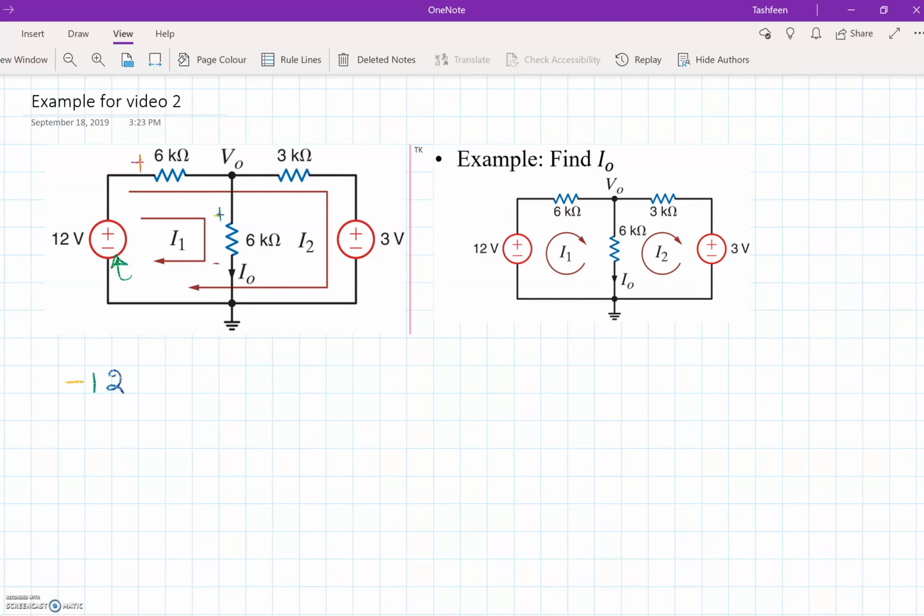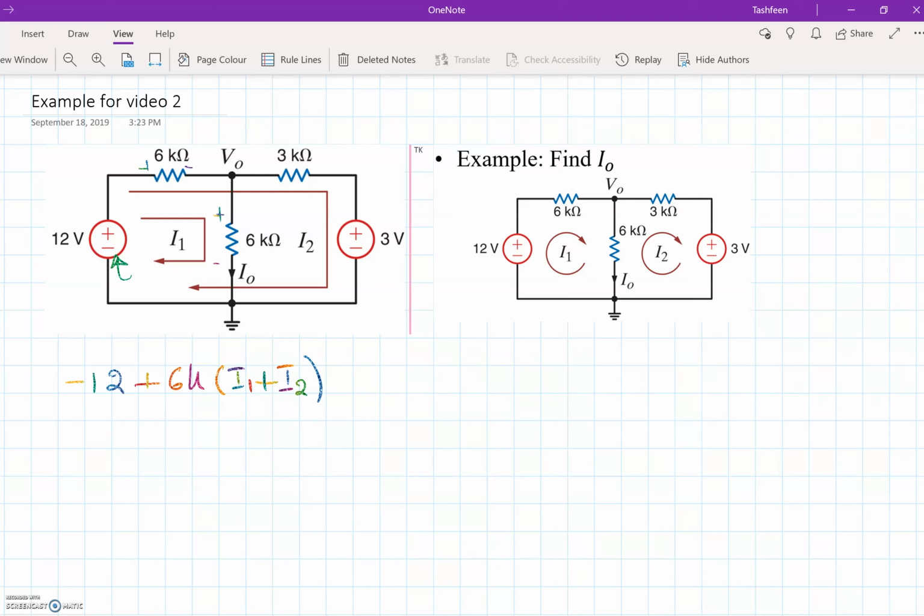Then I'm entering this terminal of this resistor, but remember this resistor has two currents going through it, I2 and I1 both, and both are in the same direction as the positive direction that we took, which means I have to take the effect of both currents through this resistor. So I'll write 6 kilo ohm, which is the resistance of this element, and I can write I1 plus I2 in this case, remember, because both the currents are going in the same direction.